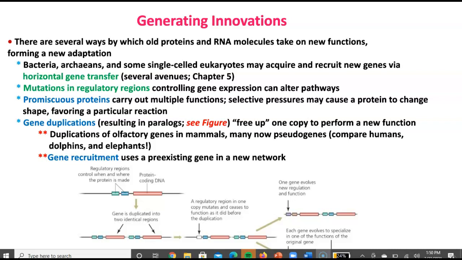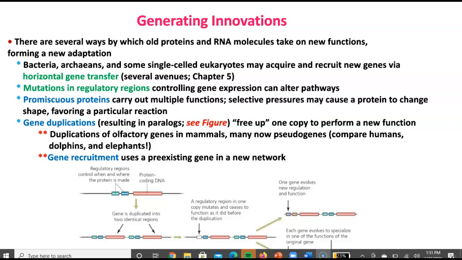Another way is through what we call promiscuous proteins. Promiscuous proteins are proteins that actually have more than one function. So, for example, while we learn in our introductory biology courses that each enzyme is very specific and has just one function, in fact, in some cases, enzymes can work with different substrates, although not very well.